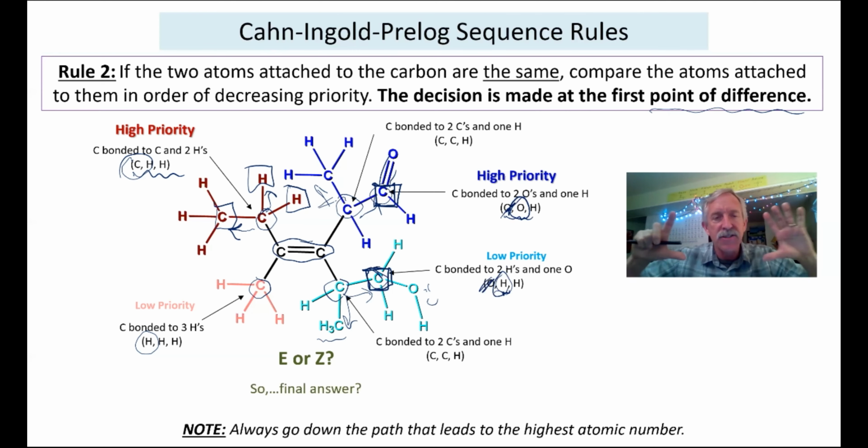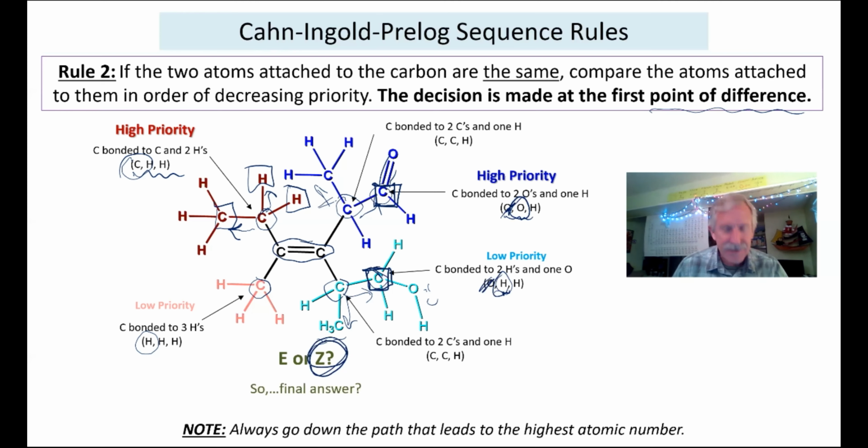And I think it's just because I love saying same side that I made these Z again. Same side. All right. This is a process, not necessarily short, depending on the complexity of your molecule. But be systematic in your approach and you'll be fine in determining E and Z.